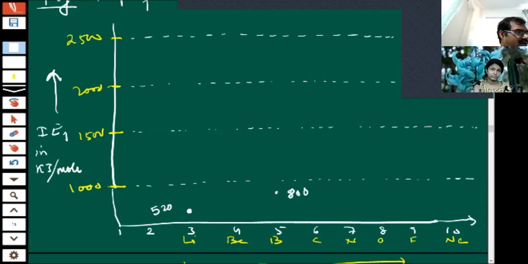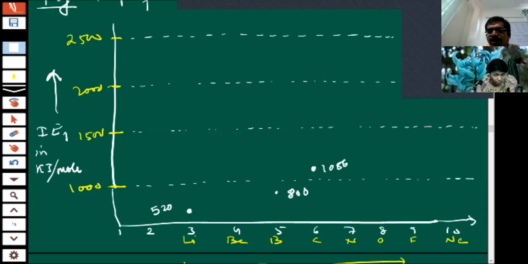And for carbon 1086, somewhere here. These are the values we have obtained from experimental values.